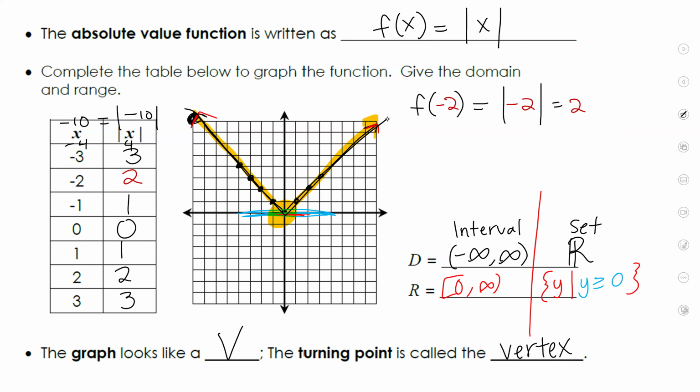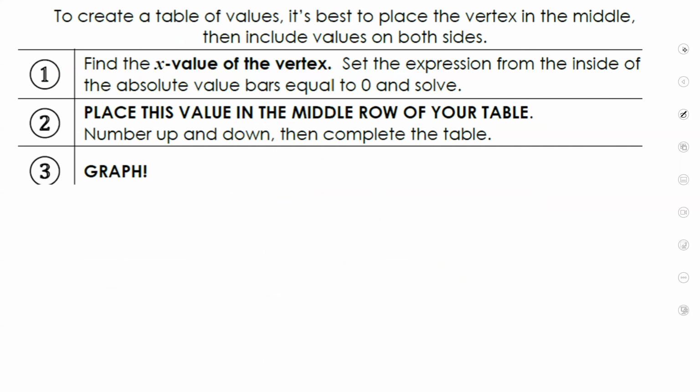Okay, so guys, this right here is the parent function. This is the most basic absolute value function. We're going to change it a little bit and see how our graph changes with it. Okay, so let's look at a next example. Before we do that, let's look at some steps. Now, to find the x value of the vertex, we're going to set the expression from the inside of the absolute value bars equal to 0 and solve.